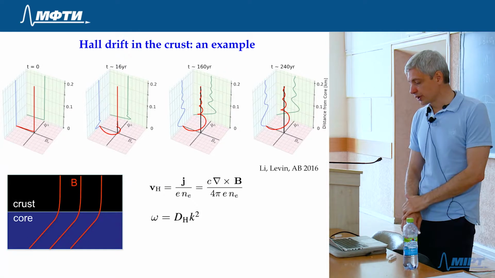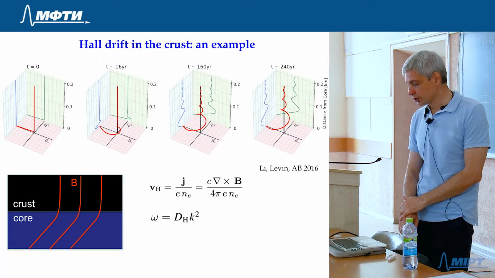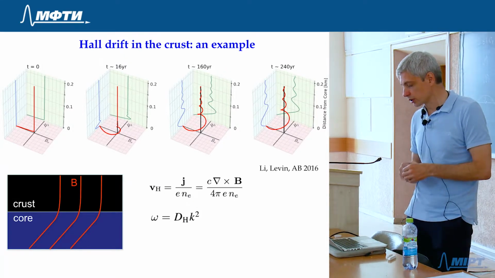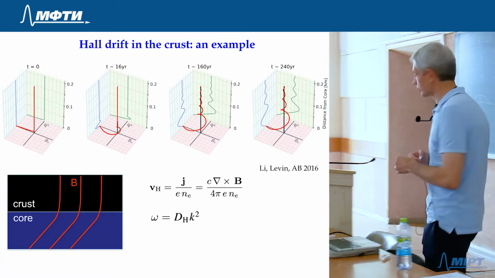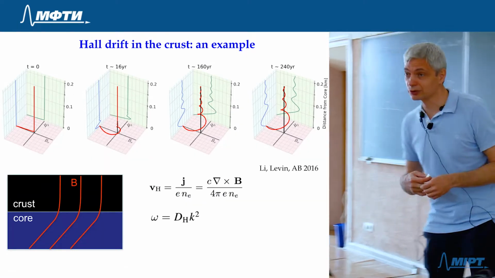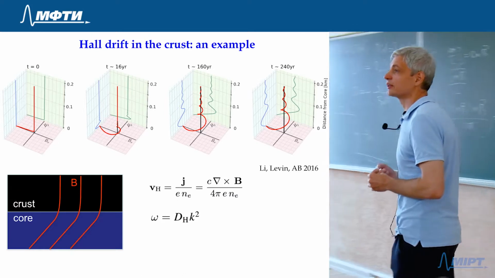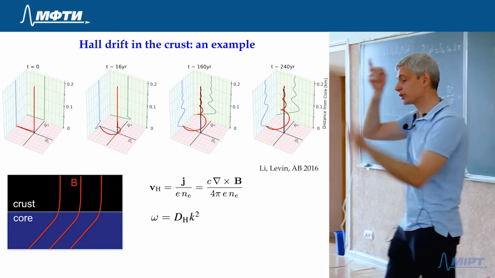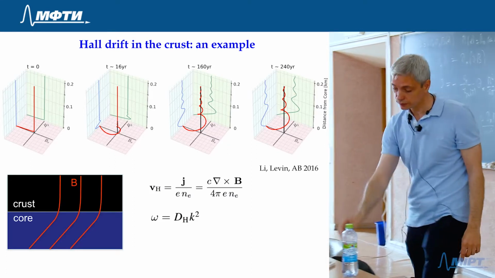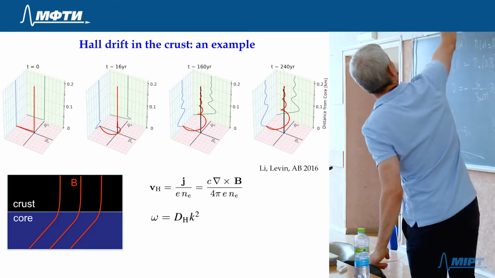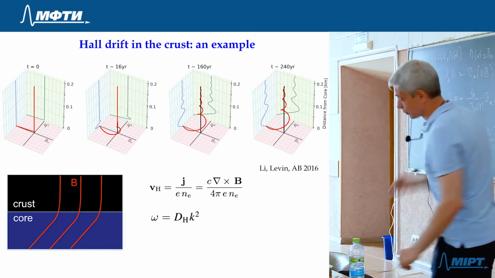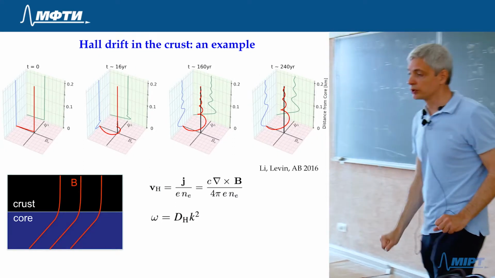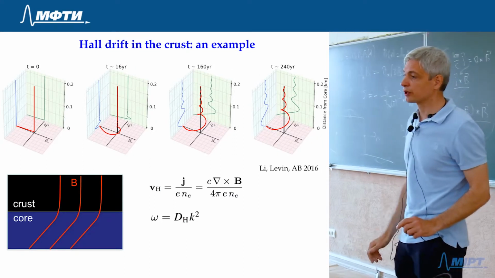Well, these are really nice plots that Xinyu Li, a student at Columbia, plotted in a paper, and I'm so sorry you cannot see them. Visible? The red is visible. So it's the spiral like this. So what it shows, you see the lower plot anyway, right? Crust, core. So it shows a simple situation that would lead to excitation of such a Hall wave in the crust.